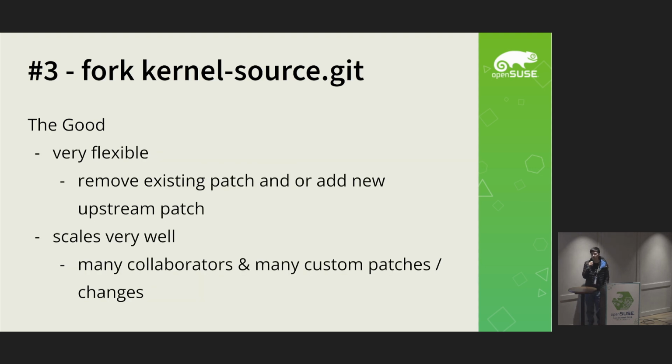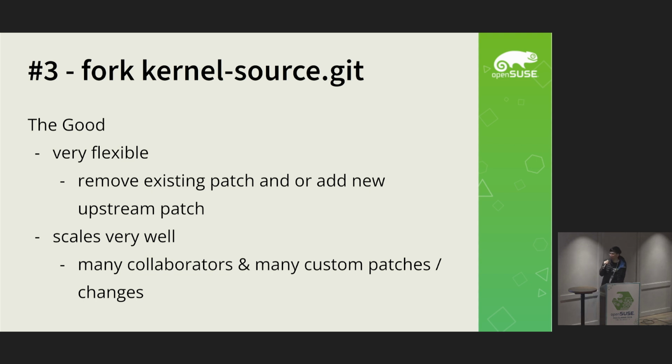And right now, the third method. So again, this is the method that was used by the SUSE and openSUSE kernel team. And the reason we use that is that it's very flexible. You can do almost any changes anywhere, and in a way that usually does not conflict with previous changes.